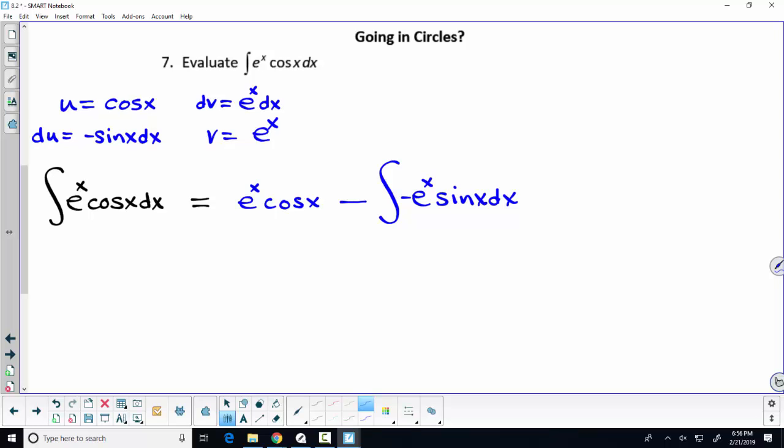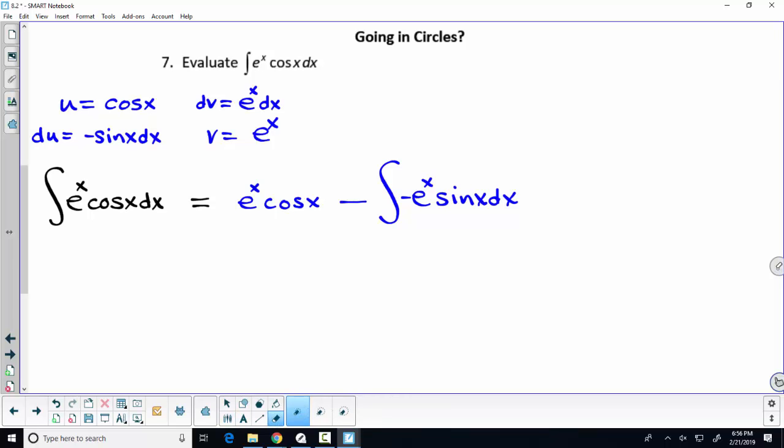Remember the whole thing with integration by parts, this integral of v du should be equivalent or less difficult or less complex than the original. So it looks comparable in difficulty. So that would suggest that we should try it again. Let's do it one more time and see what happens.